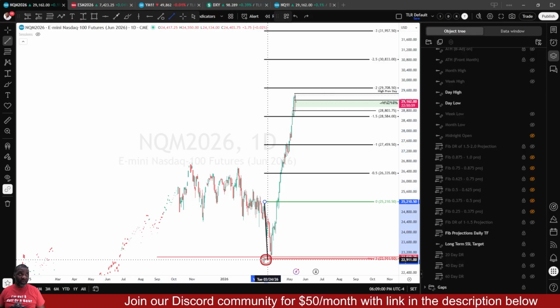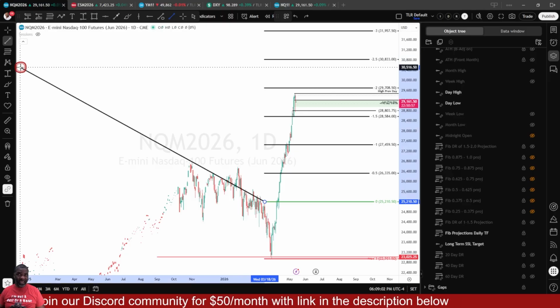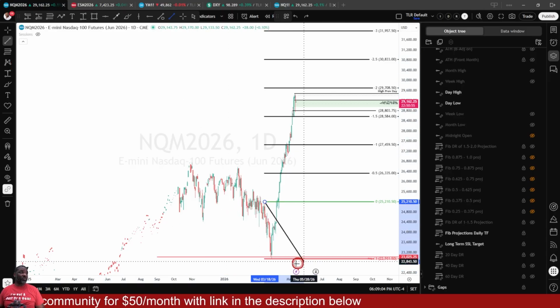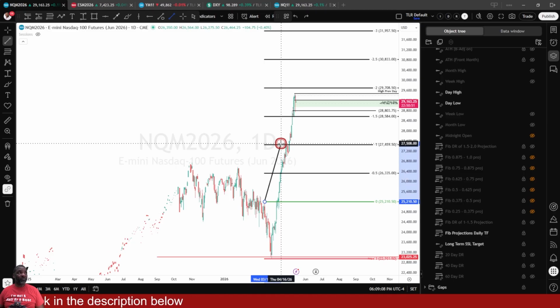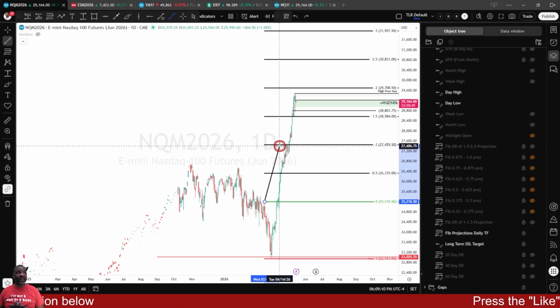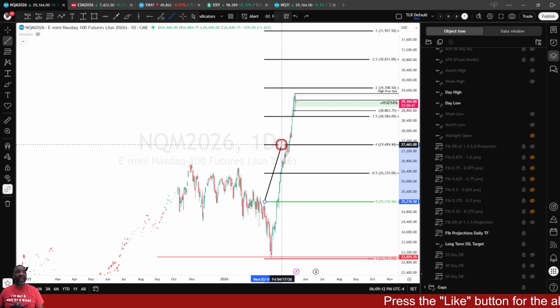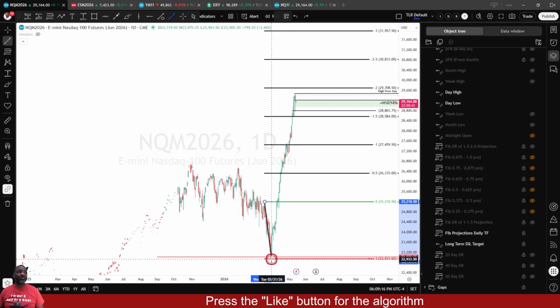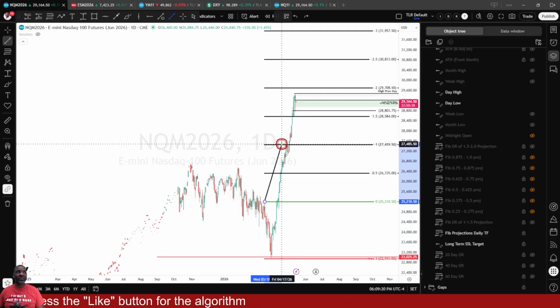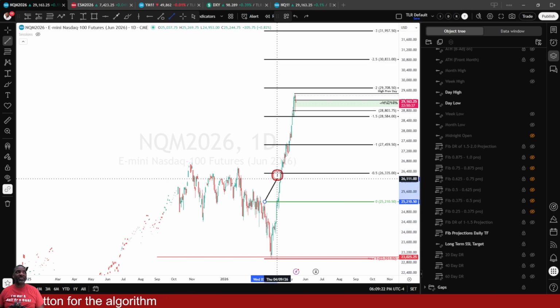We said, how far can this leg swing up? And as we see here, right here at 27,459 and a half, that's one standard deviation, a measured move, the same distance from high to low. Right there, one measured move.